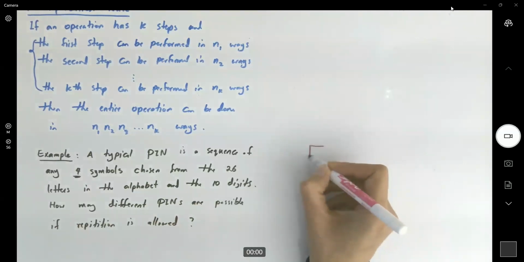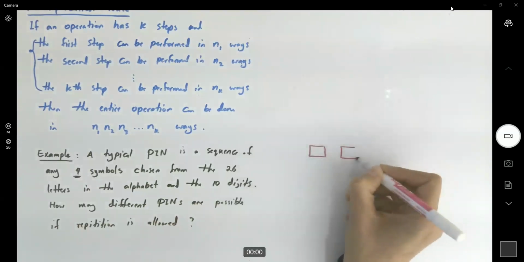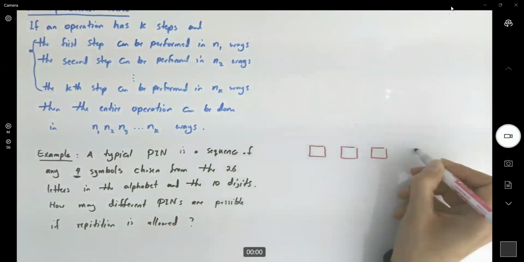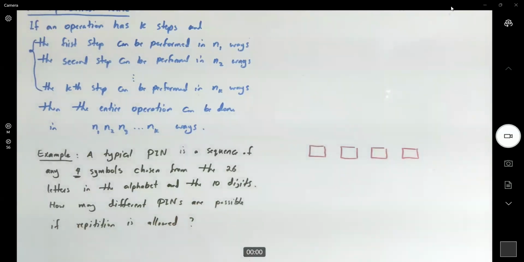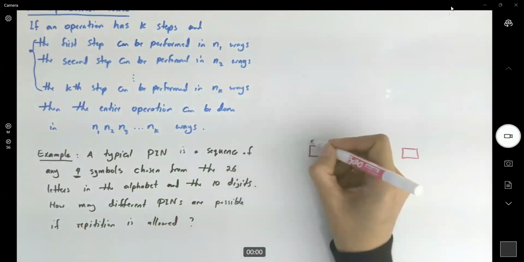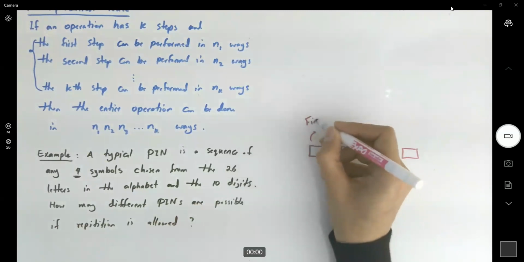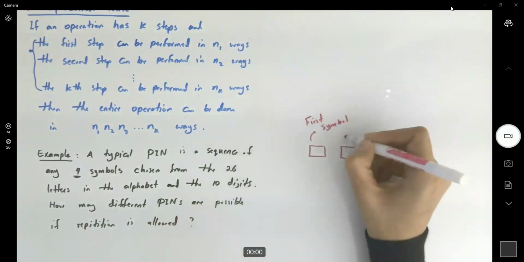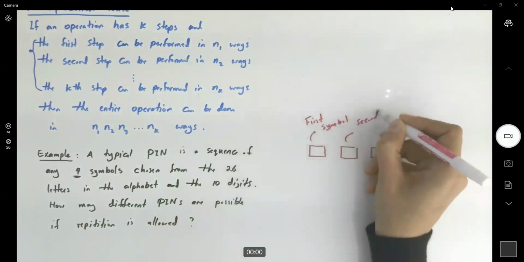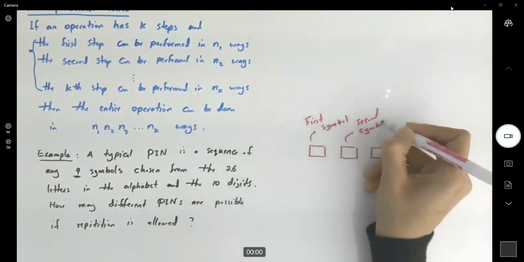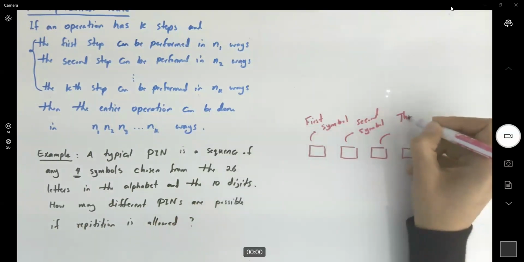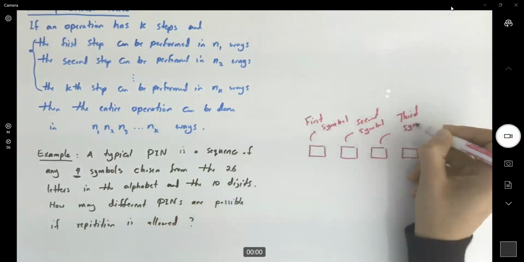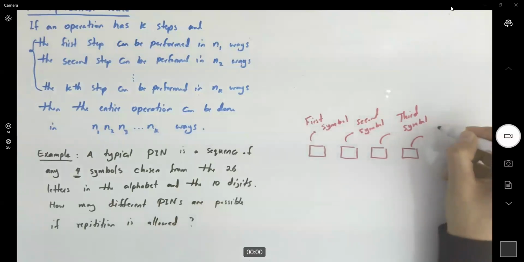So 4 symbols: the very first symbol, the second symbol, the third symbol, and finally the fourth symbol.